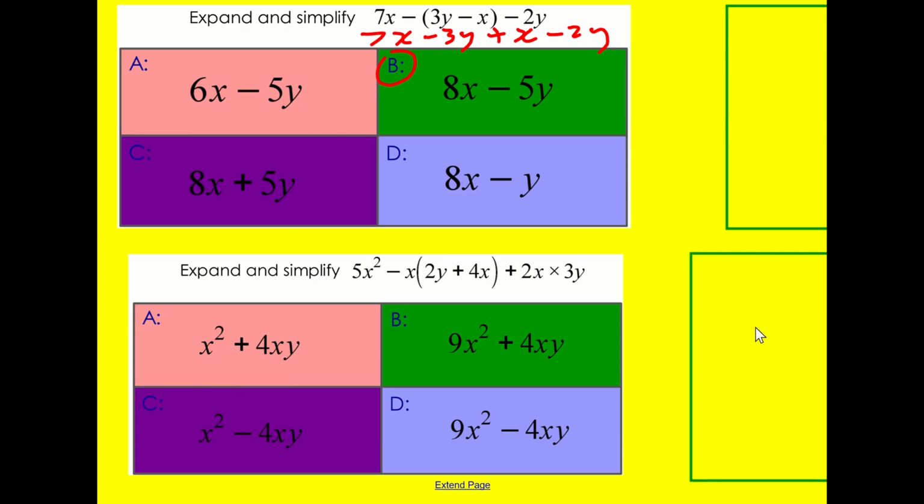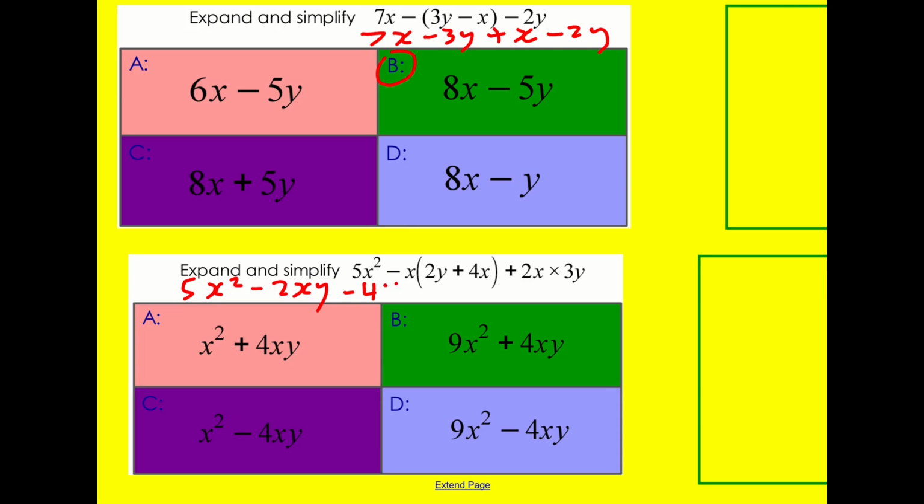And last one, 5x squared minus 2xy minus 4x squared plus 6xy. So that's going to leave me with x squared when I combine these two, plus 4xy.